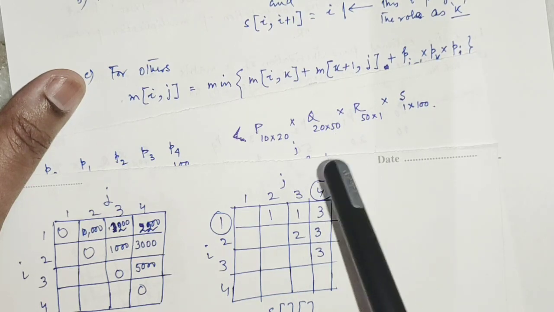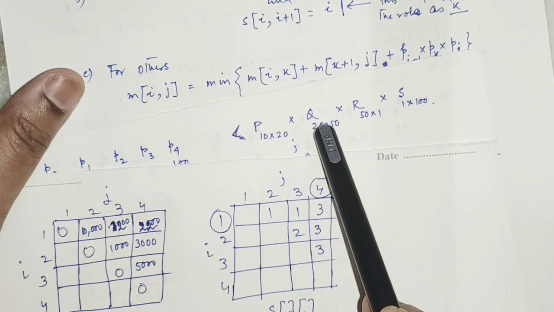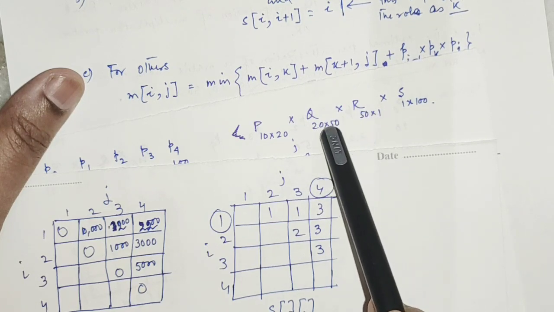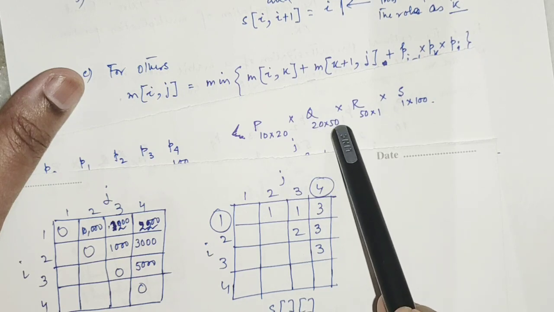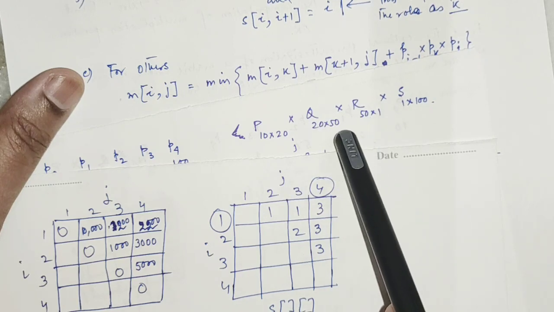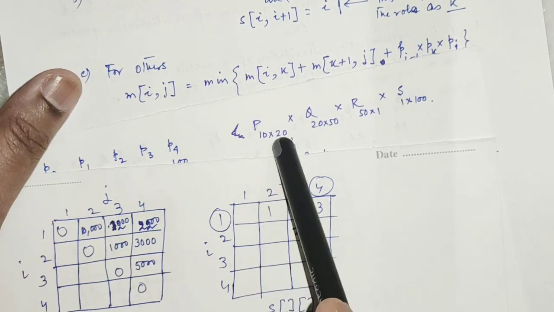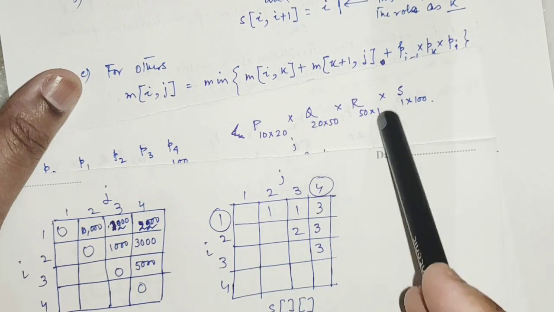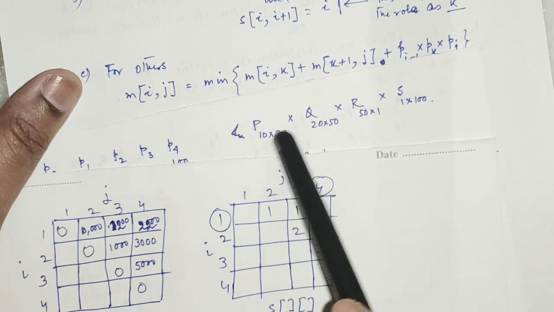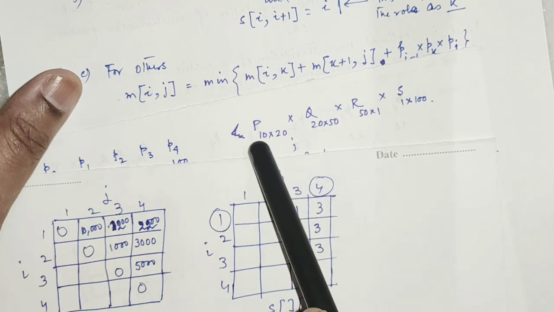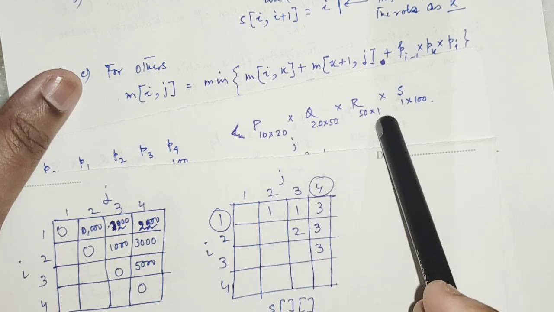So this part is done first, meaning the resultant matrix for q into r will be 20 into 1. But the scalar multiplication will be 20 into 50 into 1, that means 1000. Then take p. P is 10 into 20 and q into r gives the product 20 into 1.